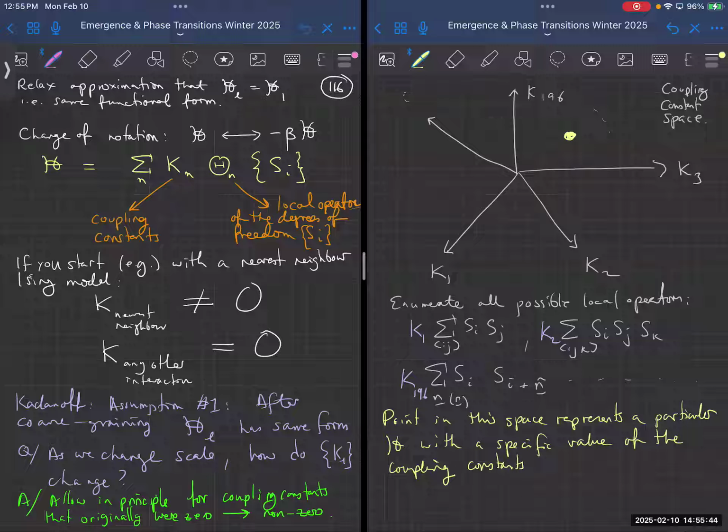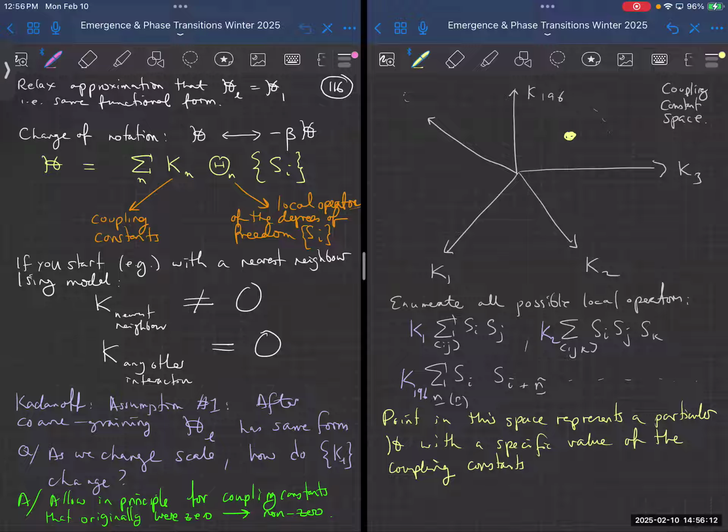Just like when we do phase space, its axes are 6N-dimensional. I've got N particles, 3 coordinates, 3 momenta, and so I have a 6N-dimensional space. A point in that space represents the state of the system, all the particles and all their momenta, and then as the system evolves in time, it traces out a trajectory in phase space.